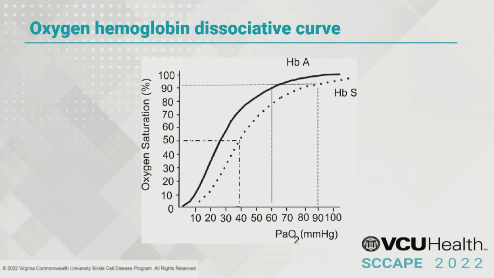And the dotted curve is somebody who does have sickle cell disease. And what you notice with this curve is that, let's say we were trying to reach 100% saturation in somebody who does not have sickle cell disease, you have to get about 60 millimeters of mercury pressure. So that designates how much oxygen you have to get in your body from the air to have that level of saturation.